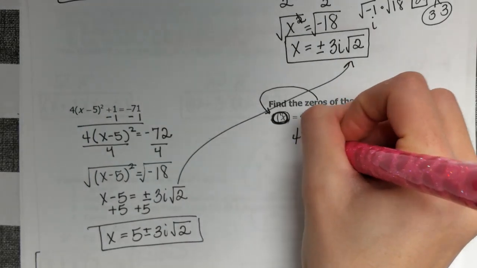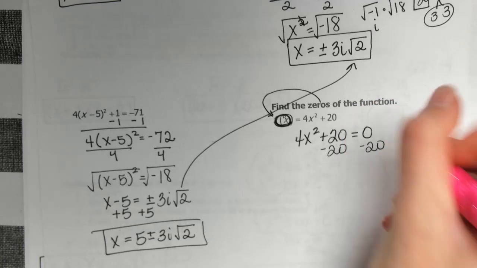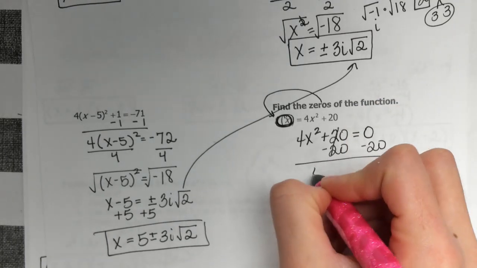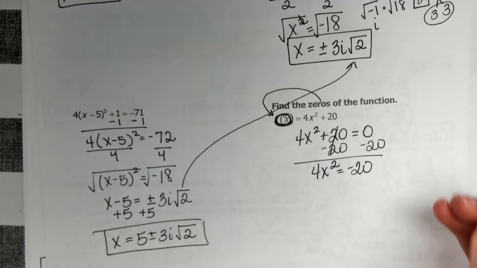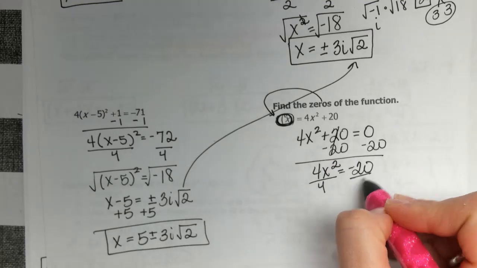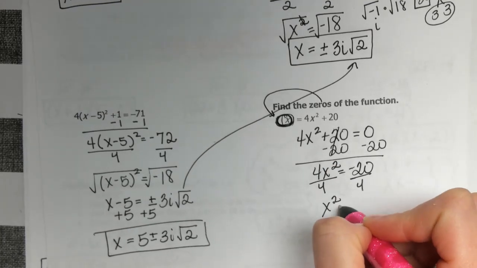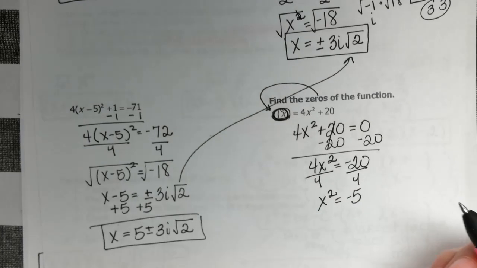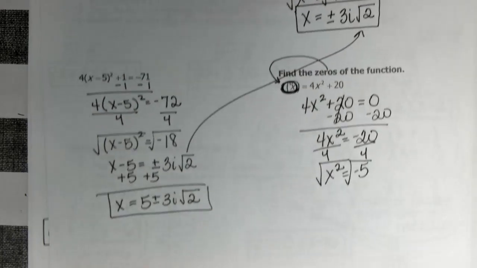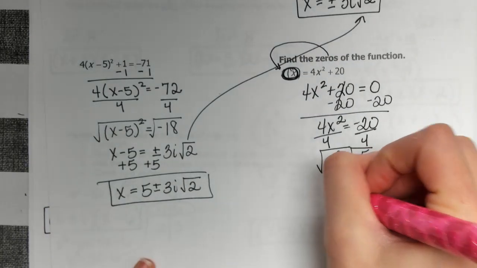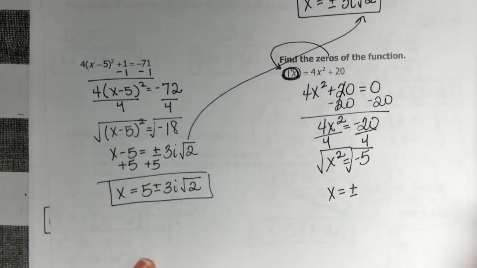Subtract your 20. 4x squared equals negative 20. Divide by 4. X squared equals negative 5. Take the square root. X equals plus and minus. What's that going to simplify to?